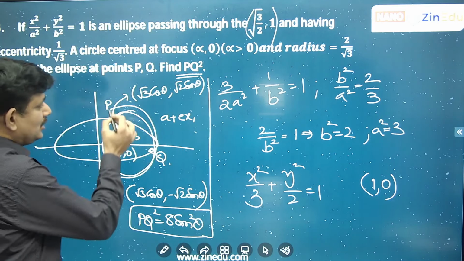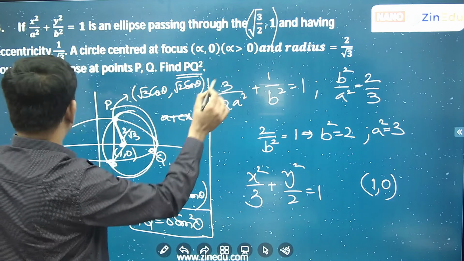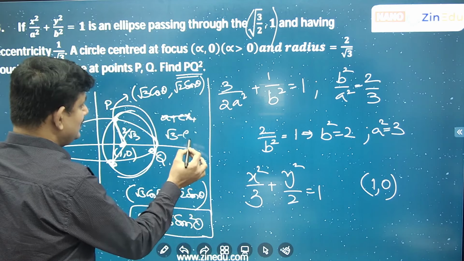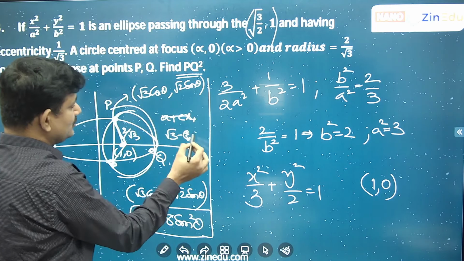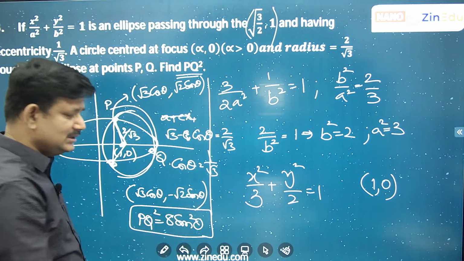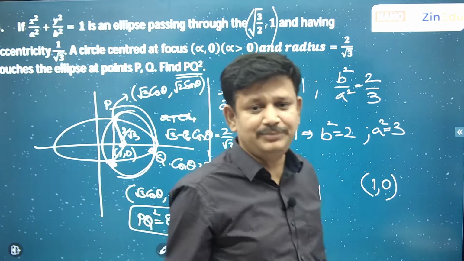So we are talking about the smaller one. So a minus e x1: root 3 minus 1 by root 3 into root 3 cos theta. Root 3 and 1 by root 3 get cancelled. So root 3 minus cos theta is the focal radius, which is given to be how much? The radius of the circle, 2 by root 3. So from here you have the value of cos theta, 1 by root 3. Sin theta you can find out and substitute, and you have the value of PQ square.